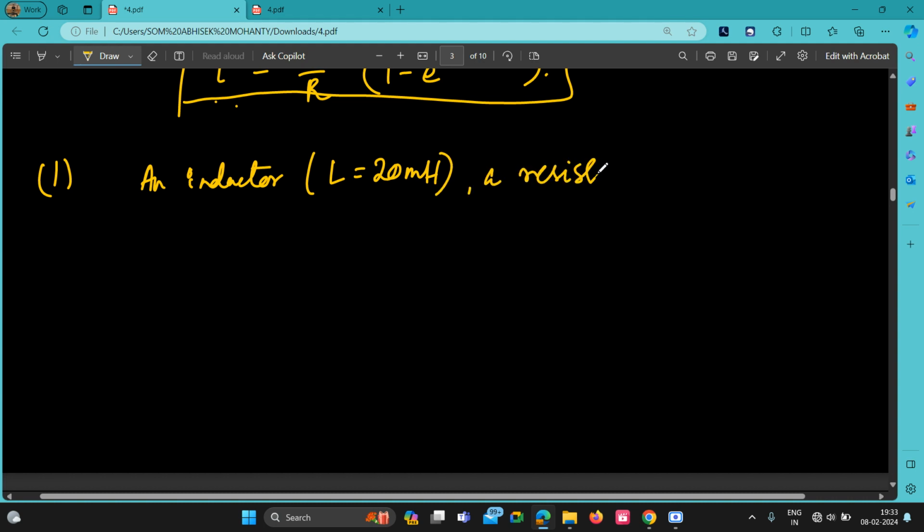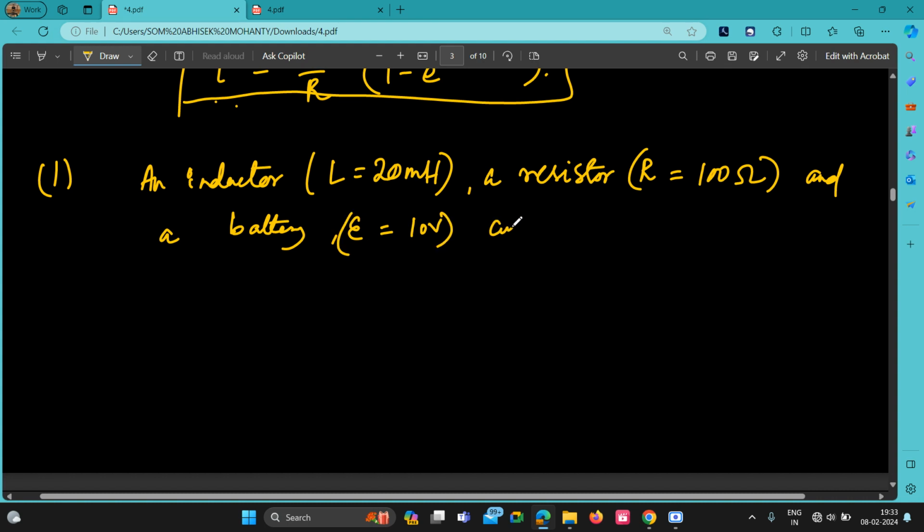Write a question. An inductor L is equal to 20 millihenry, a resistor R is equal to 100 ohm, and a battery E is equal to 10 volt are connected in series.